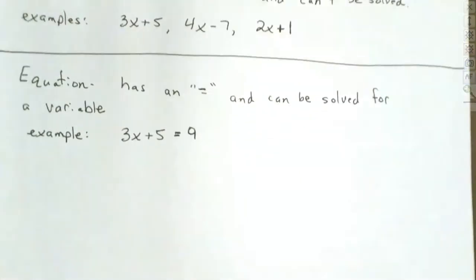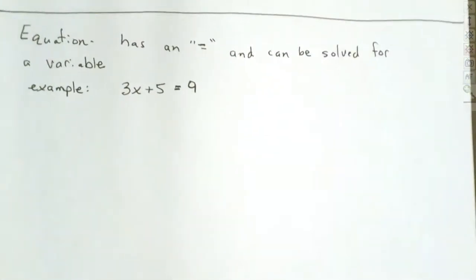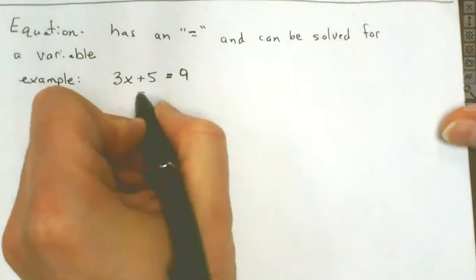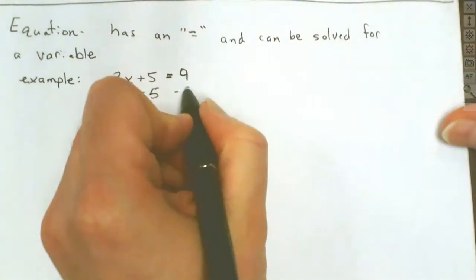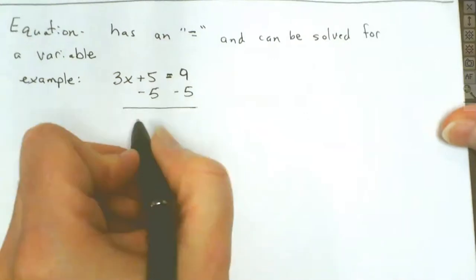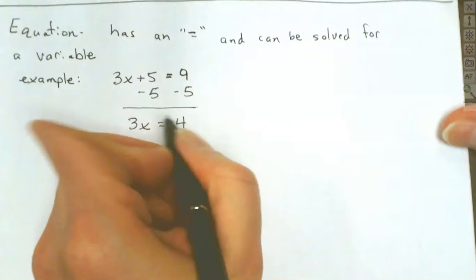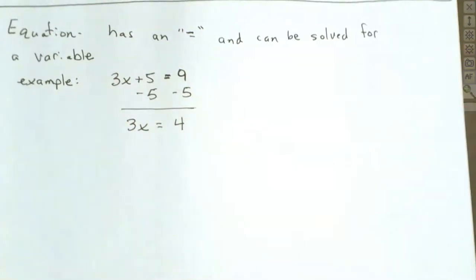Now, when we solve an equation, we work in terms of opposites. And what we do first is we try to get the variable on the left. Everything else on the right, we do addition, subtraction first, divide at the end. So the first thing we're going to do is move that 5 over. That leaves us then with 3x equals now 4. Once we have that, then we can finish it.